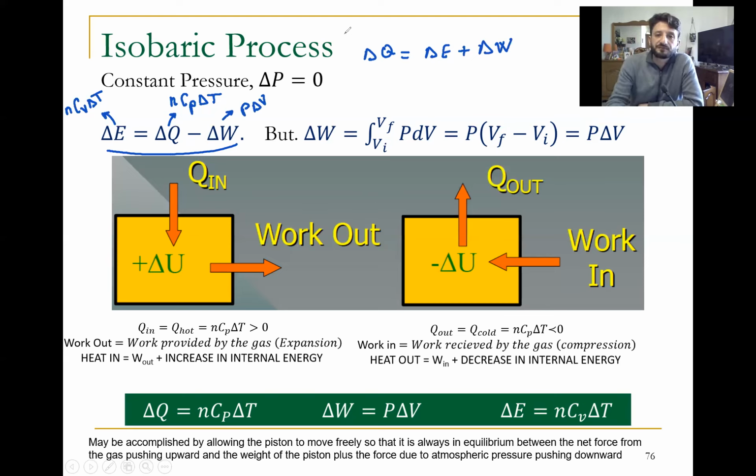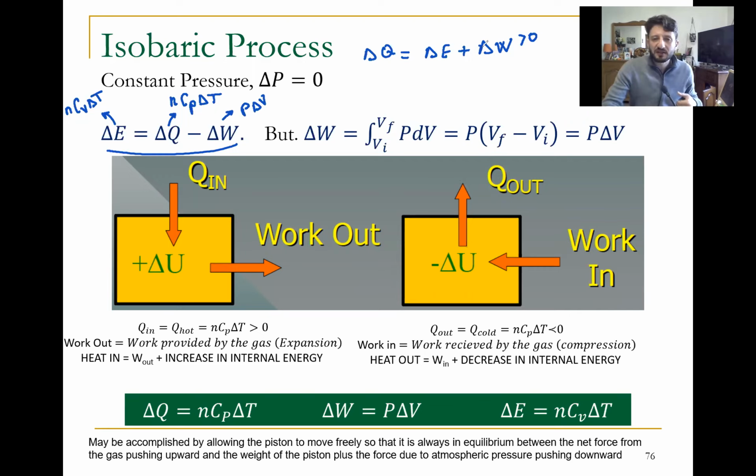If we increase the volume, you have to understand this point: in this case, work must be positive. So dW is positive.